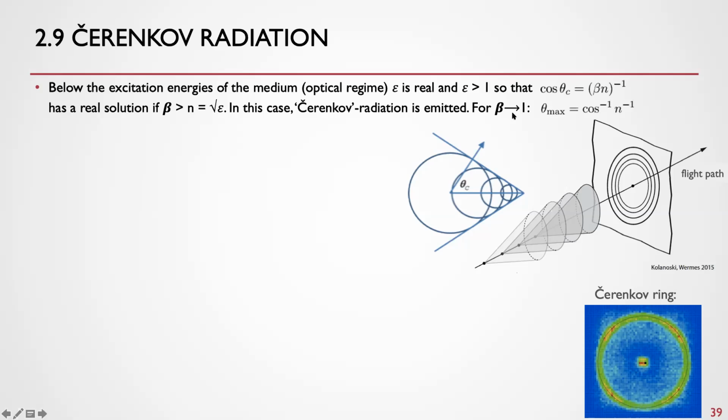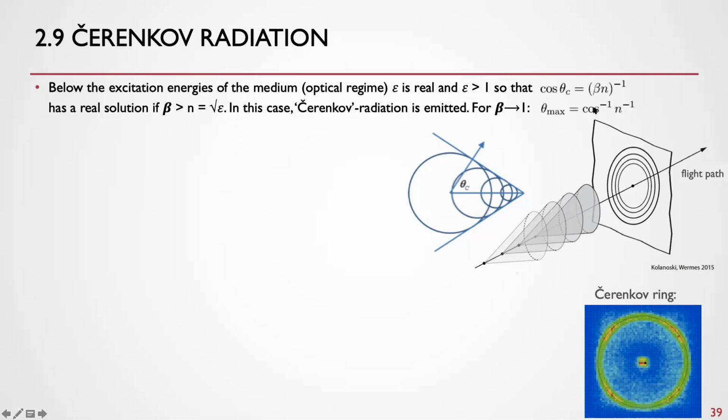Now we can take this to the extreme and consider an ultra-relativistic particle that enters the medium. If n, the square root of epsilon, is larger than 1, we will have exceeded the speed of light in the medium, and there is a maximum angle under which the photon can be emitted, and this is a material dependent property.